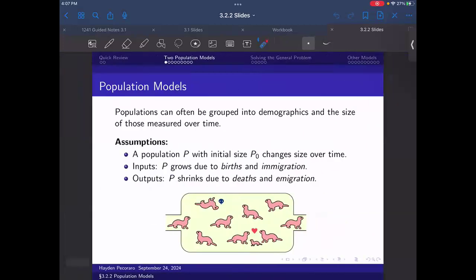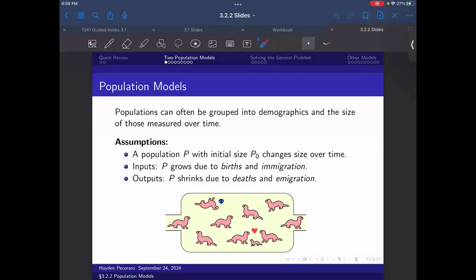So we can do the same sort of stuff with populations. We've got some cute little otters down here, give us a sort of a visual approximation of what's going on. So populations often are grouped into demographics, you know, different ages, if you're looking at TV ratings, or maybe you're trying to figure out how a university's enrollment changes over time. You could group people into, again, ages, whether they are transfer students or freshmen coming in from high school.